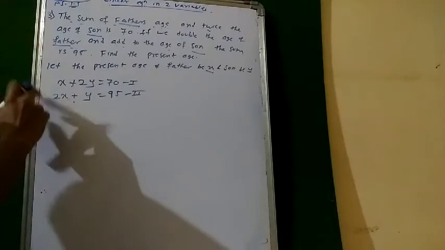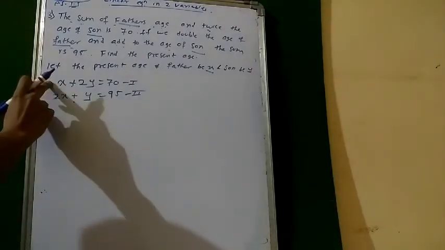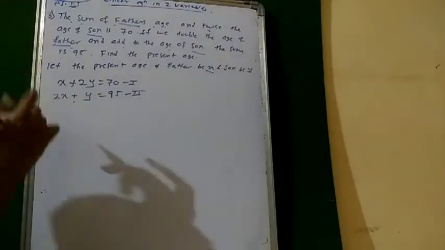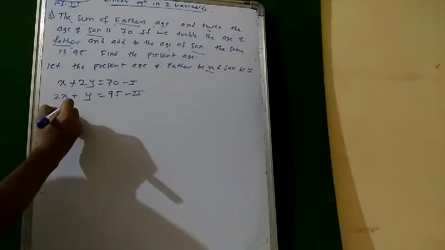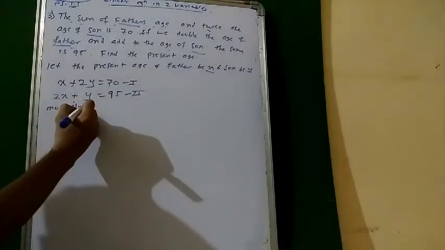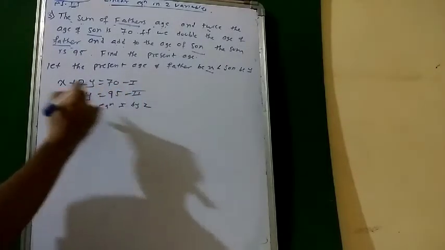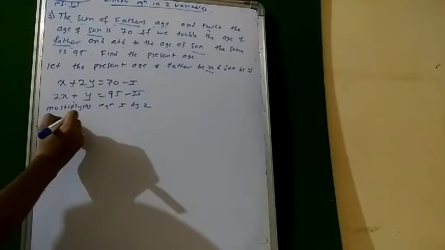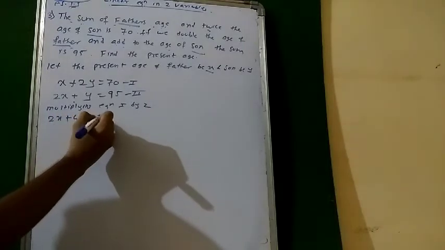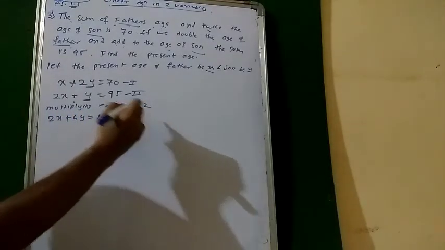To solve, we need some coefficients equal, so I will multiply equation 1 by 2. So it becomes 2x plus 4y, 7 2s are 14, equal to 140. It is equation number 3.